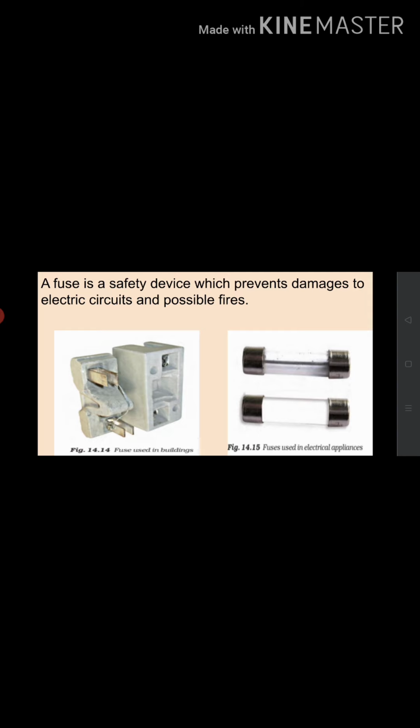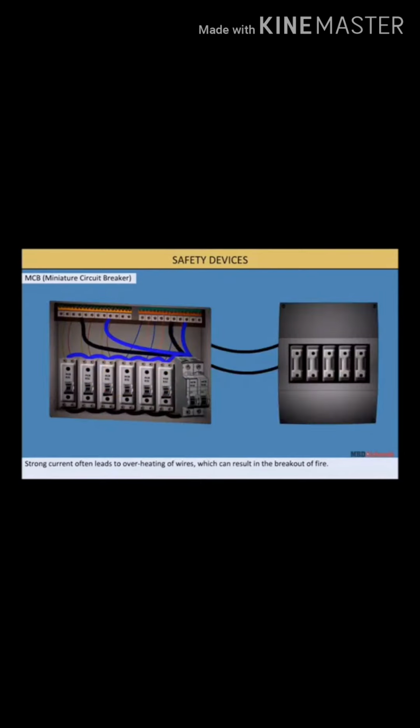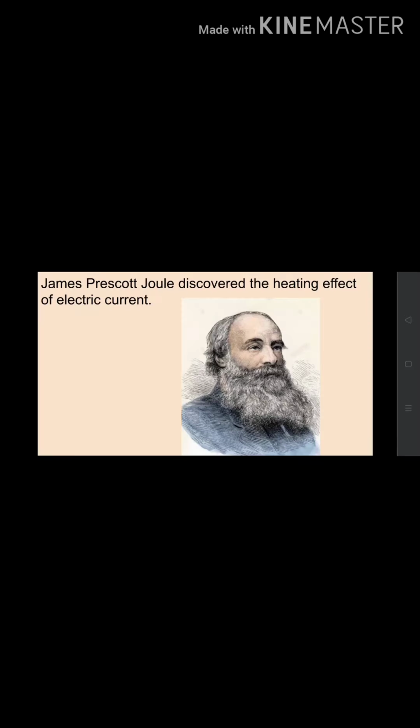If a proper fuse is used in a circuit, it will blow off and break the circuit. So this safety device, that is the fuse, protects the circuit from the strong current. Strong current leads to overheating of wires which can result in a fire. So as we said, a fuse used for protection of a circuit consists of a thin wire of low melting point.